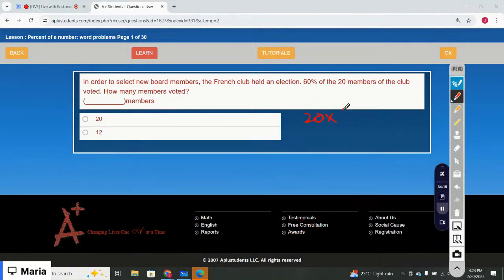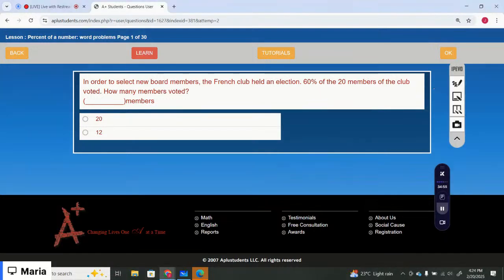You have to do 20 times 60 over 100. So, which is the correct option? The correct option is 12. Option number 2 is the correct option.